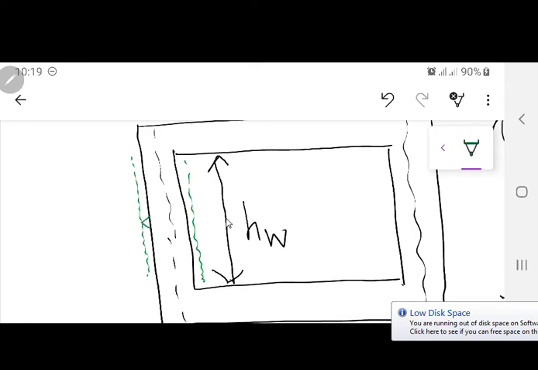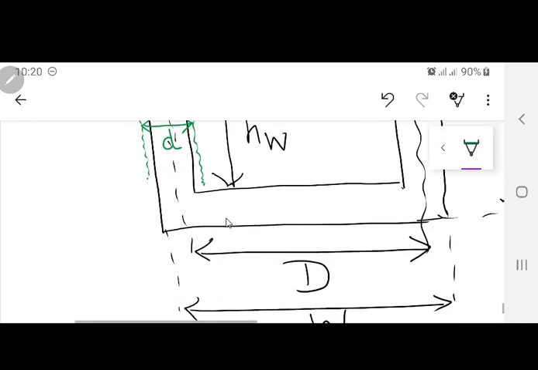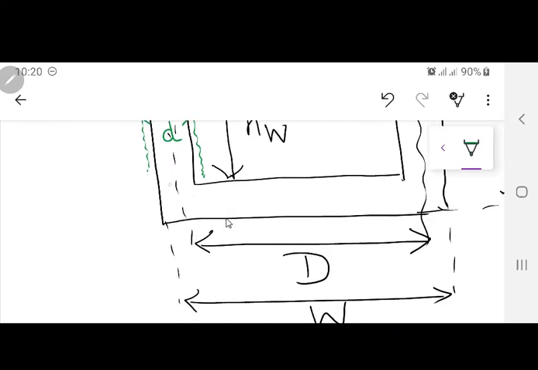So this distance over here is called D. That we already know, because it's the circumscribed circle. And this distance over here, from here to here, this is equal to A, because we know that the stem dimension was the outer one.